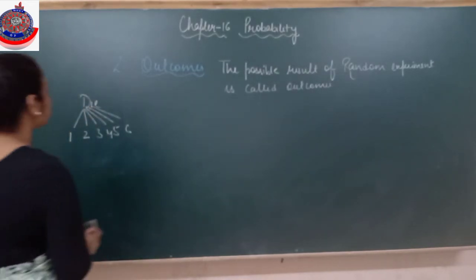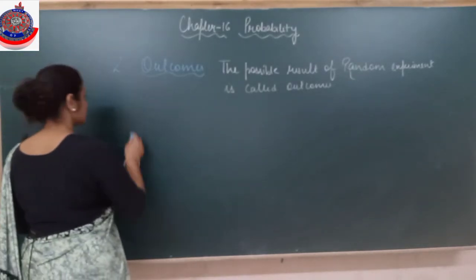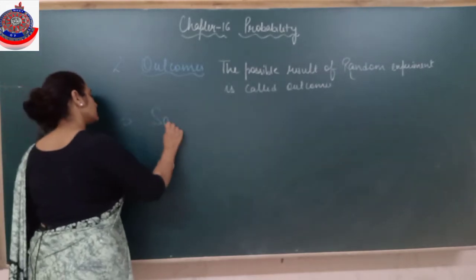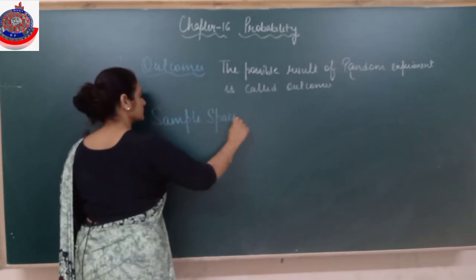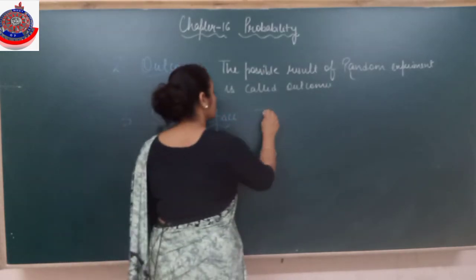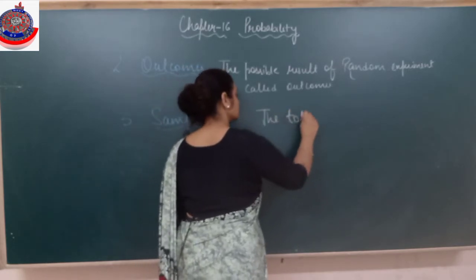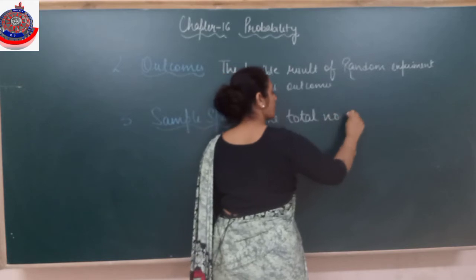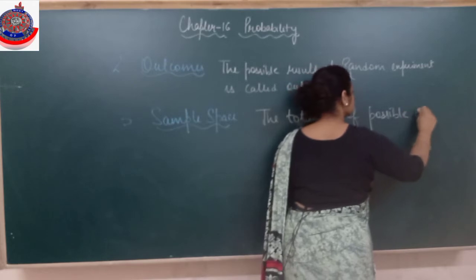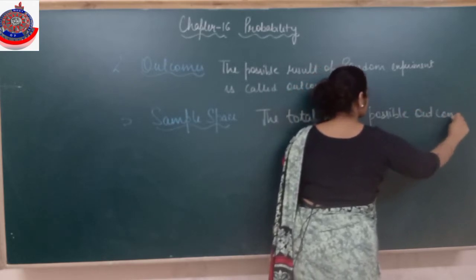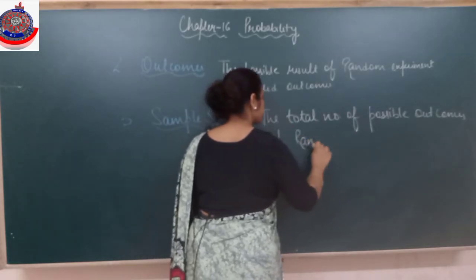Then we have the word sample space. Sample space means the total number of possible outcomes of random experiment.